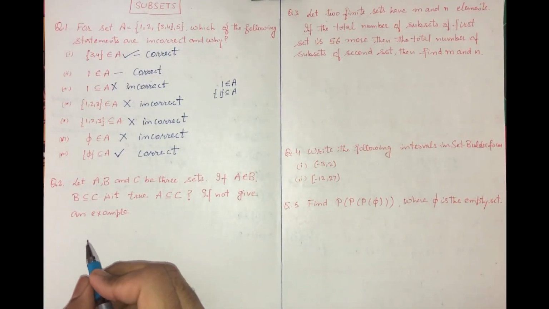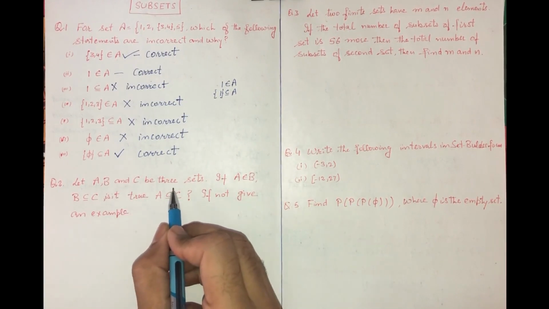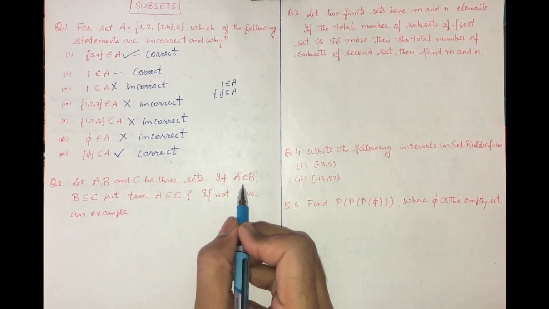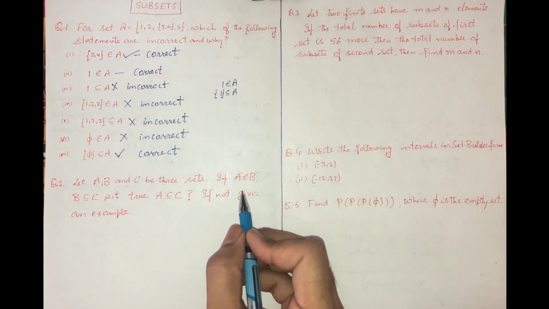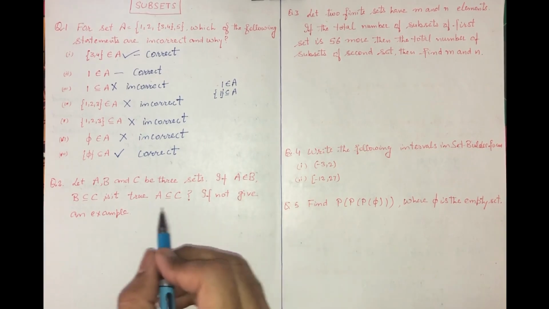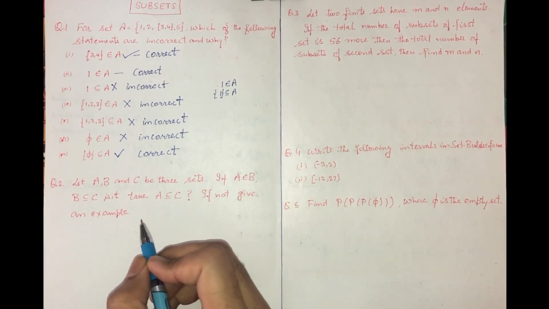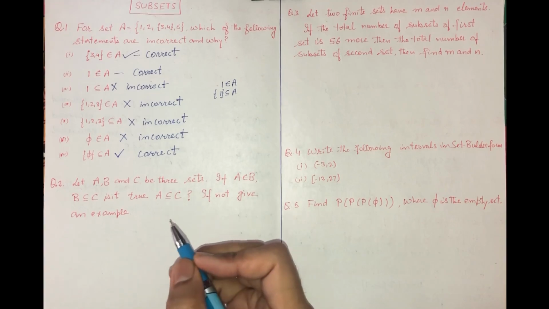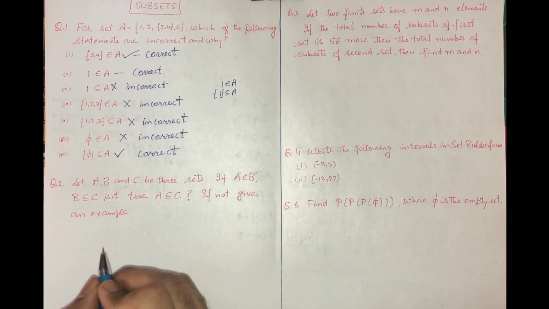Now second question. Let A, B and C be 3 sets. If A belongs to B and B is contained in C, is it true that A is contained in C? If not, give an example. So again, try to apply the definition of subset.